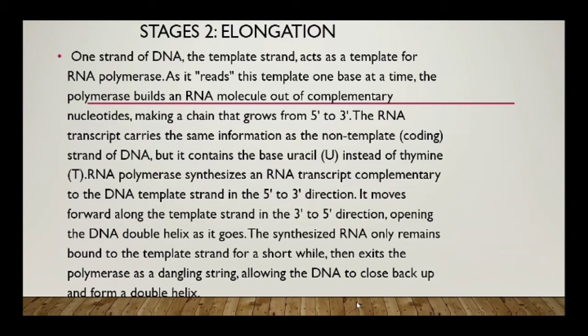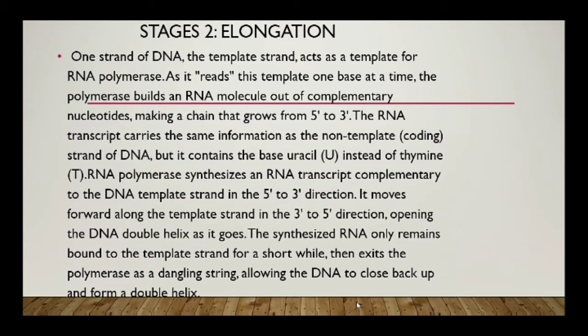Stage 2, elongation. One strand of DNA, the template strand, acts as a template for RNA polymerase. As it reads this template one base at a time, the polymerase builds an RNA molecule out of complementary nucleotides, making a chain that grows from 5 to 3. The RNA transcript carries the same information as the non-template coding strand of DNA, but it contains the base uracil (U) instead of thymine.